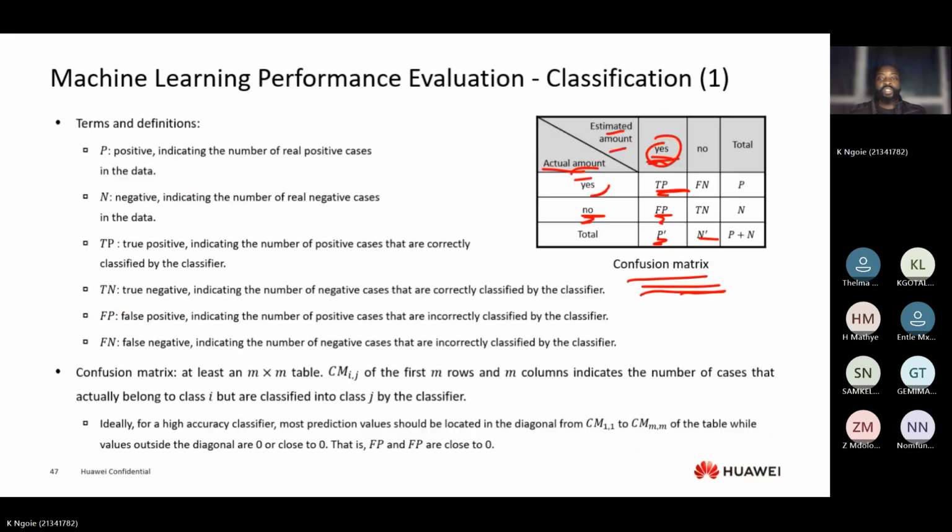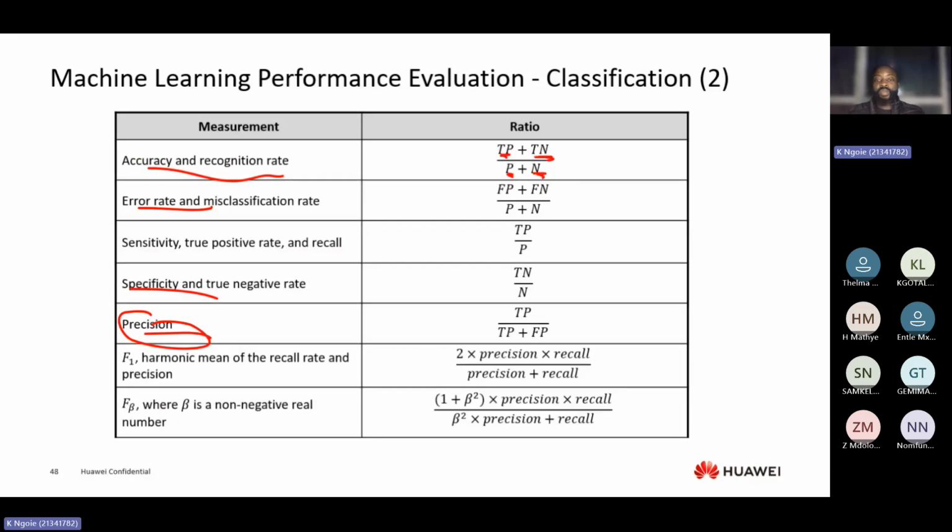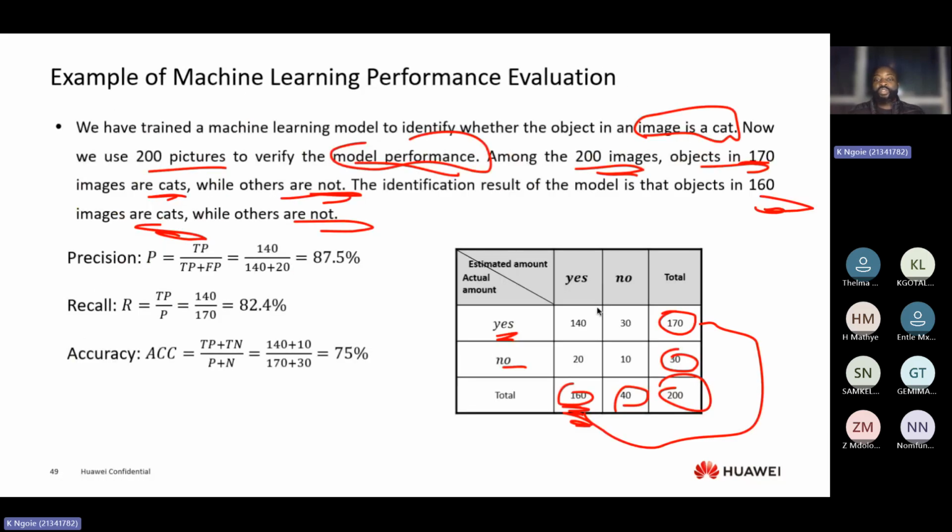Now remember, here we have true positive, which means a cat that was identified as a cat. True positive indicates the number of positive cases that are correctly classified by the classifier. So in our case, the number of pictures of cats that were identified as cats by our system was 140.